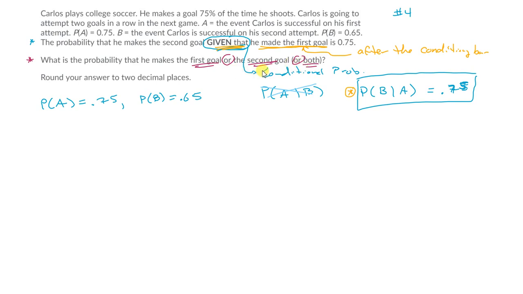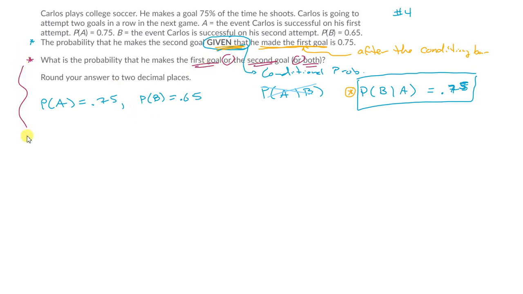Like if you say, today I'm going to eat either breakfast or lunch, and you eat both, that still works. It still satisfies the criteria for the or. So when they say first goal or second goal or both, don't worry about the or both. That comes along with the territory of first or second.